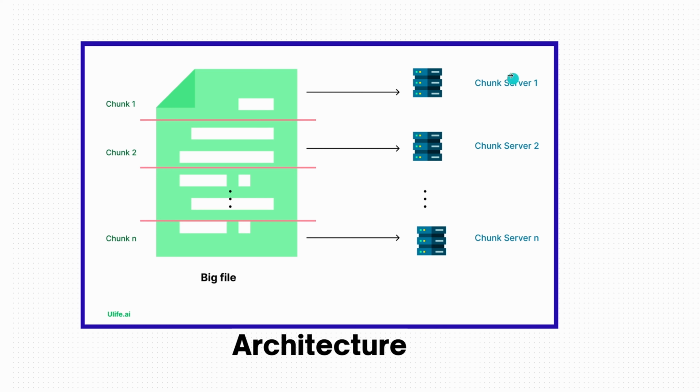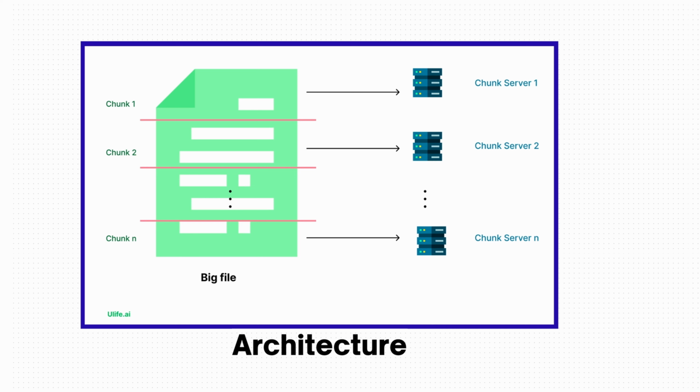So the first view is that one. We have this really big file, supposedly 10 terabytes. We cannot store it in a single computer. That's a fact. If it is a really large amount of data, we cannot store it in a single server. So what we do is divide this file into different single parts that we call chunks.